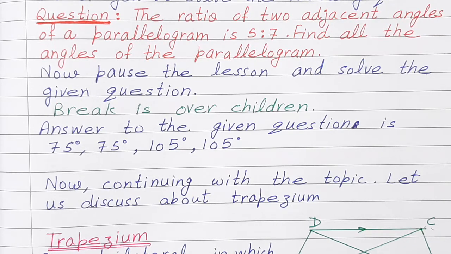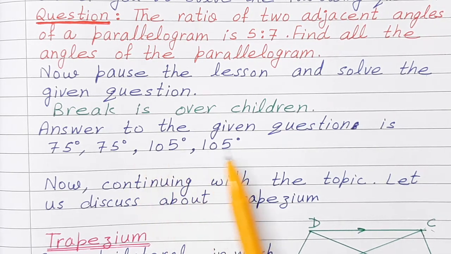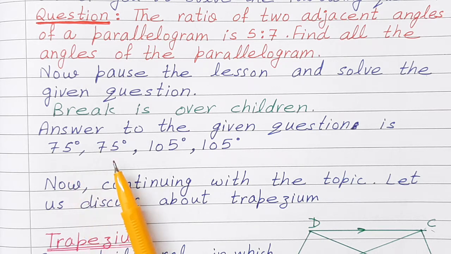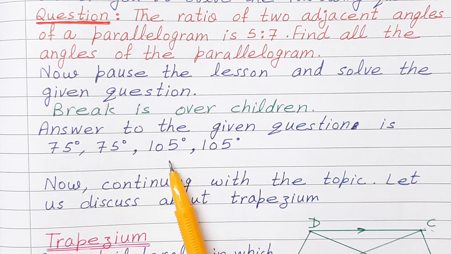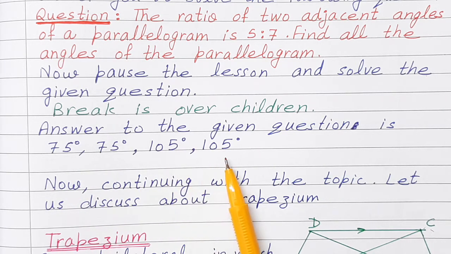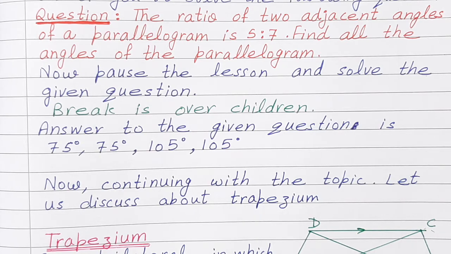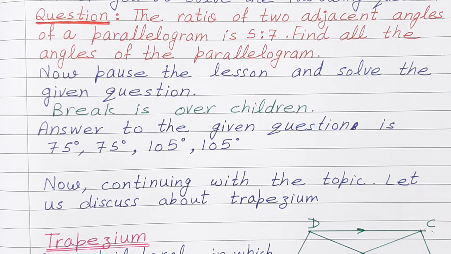Break is over, children. Now the answer to the given question is 75 degrees, 75 degrees and then 105 degrees and 105 degrees. Now let us continue with the topic and discuss trapezium.